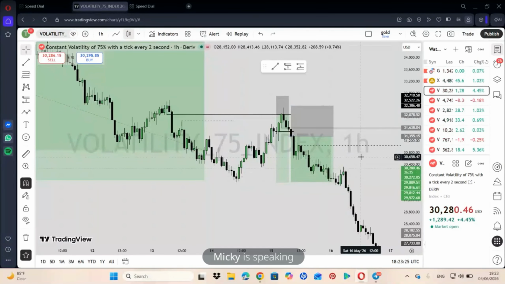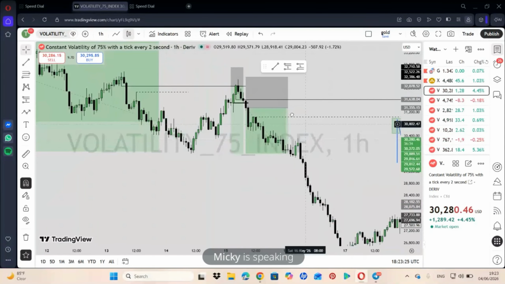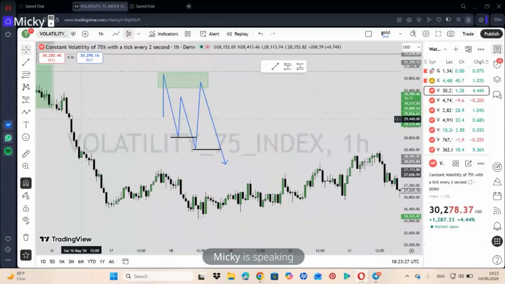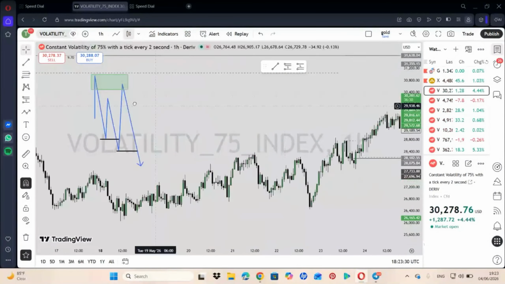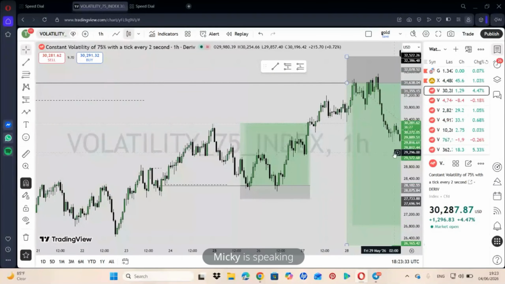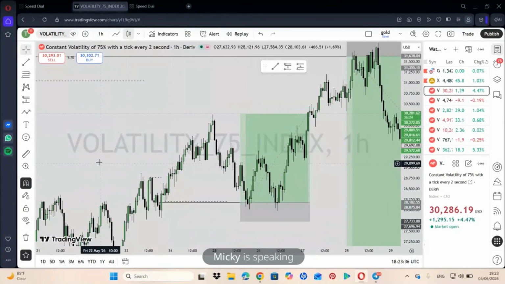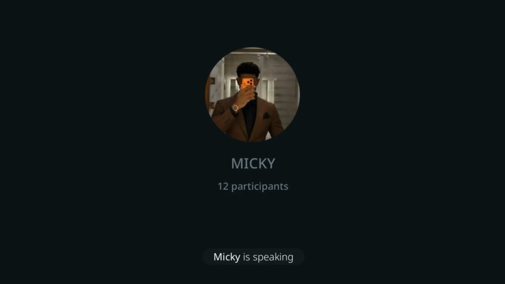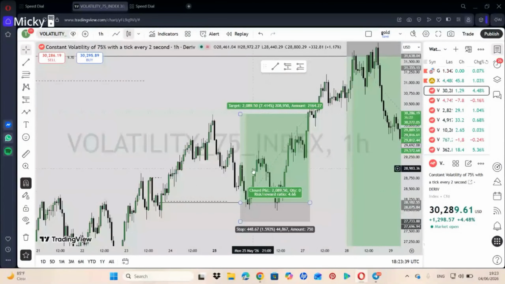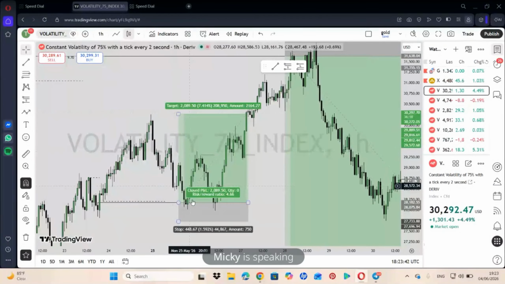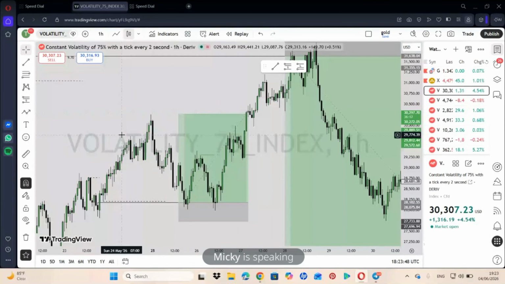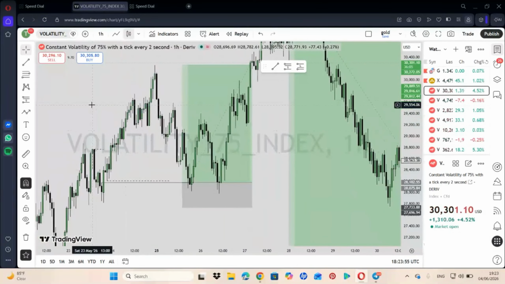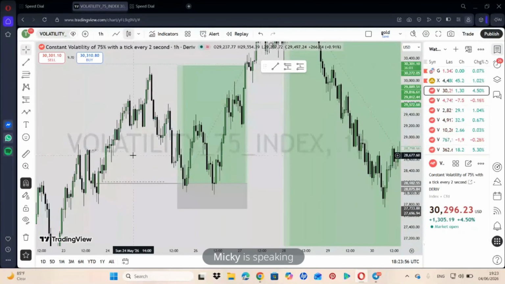Let's go to another page. Not another page, this same page. Let's look for where I had an entry. So we have this one here. Although this one came back to entry points, the same thing actually happened here. So let's say you waited for price to come here.